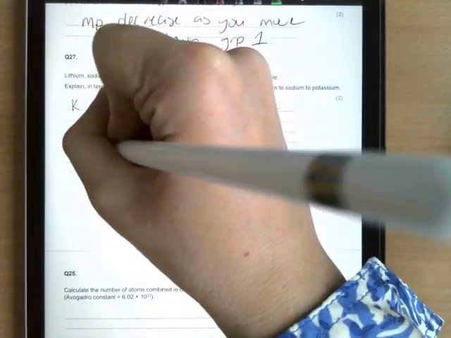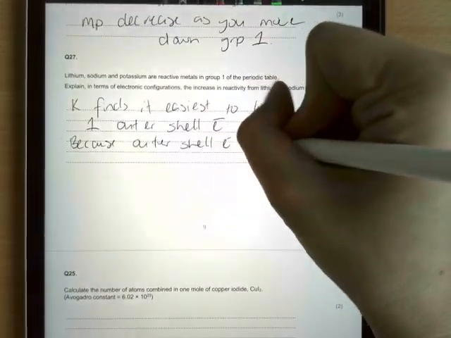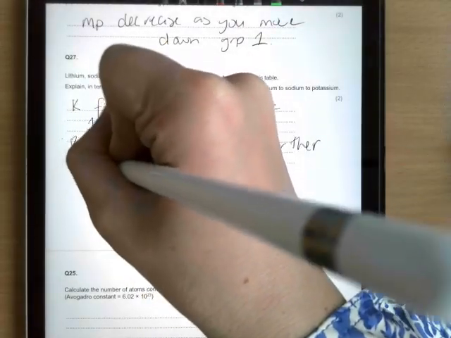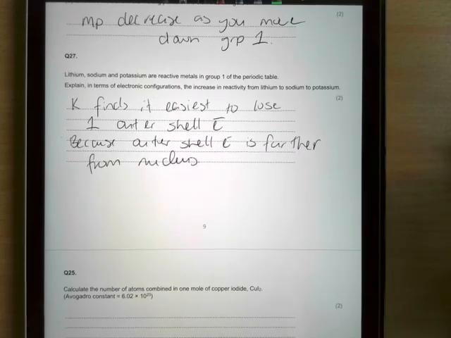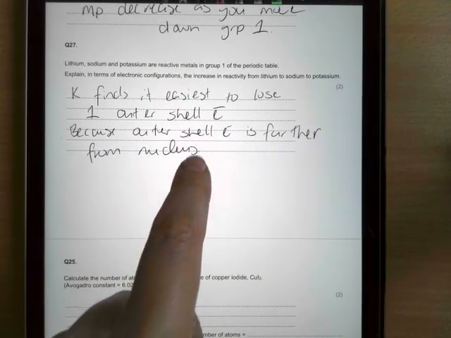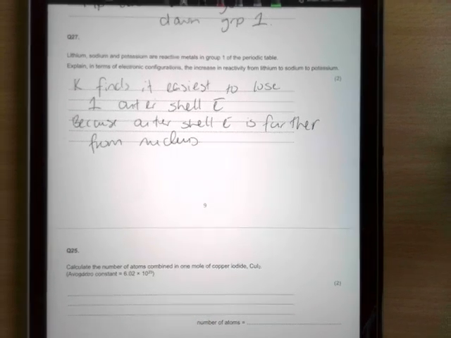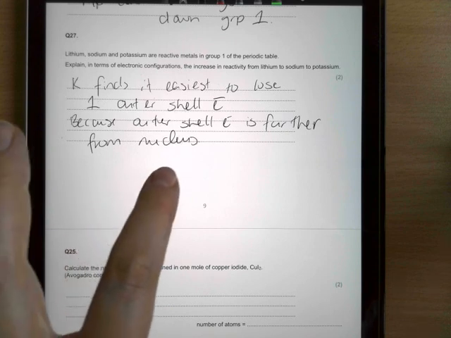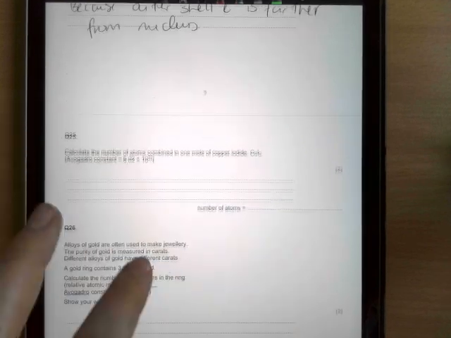Because the outer shell electron is further from the nucleus. Okay, as you go down the group, they're getting bigger and bigger and bigger. You're adding 1 shell each time. And the outer electron, therefore, is getting further from the nucleus, and it's the nucleus that holds an electron into the atom. So if it's bigger and it's further away from the nucleus, there'll be less of an attraction.